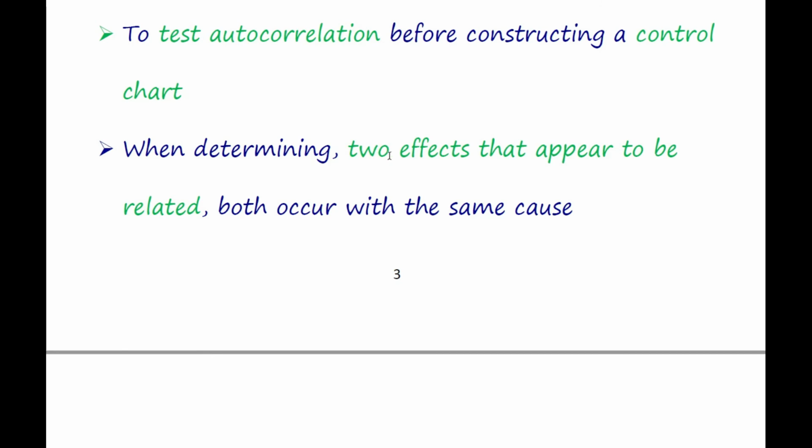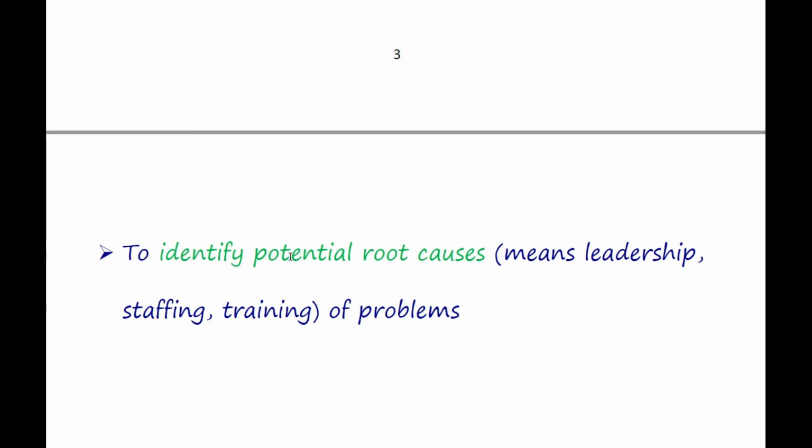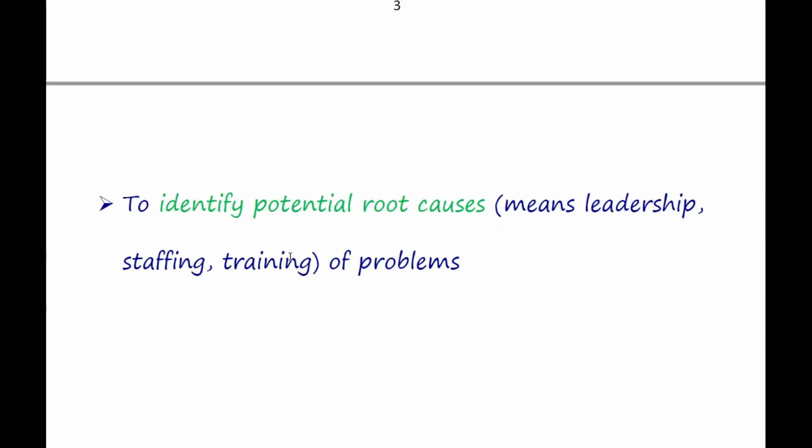It is also useful when determining whether two effects appear to be related, if we have specific effects that are related, both occurring with the same cause. And finally, to identify potential root causes of a problem. What are potential root causes? They mean leadership, staffing, training, or any other examples. So the scatter diagram is also useful to identify potential root causes.